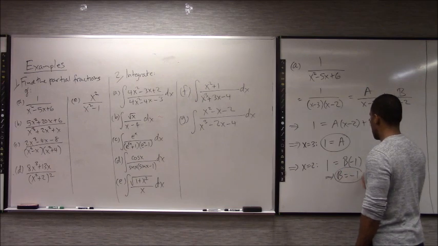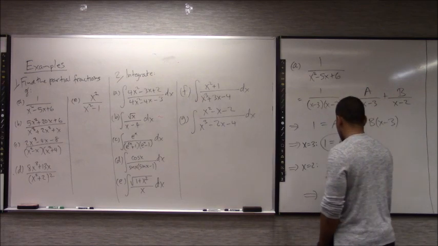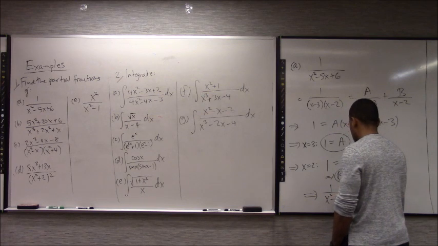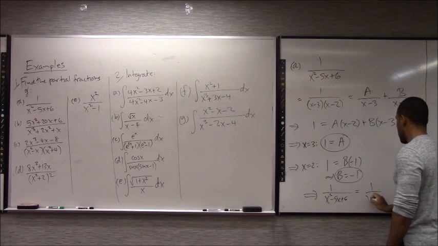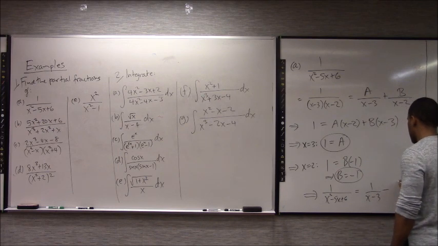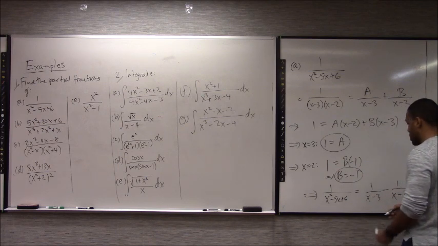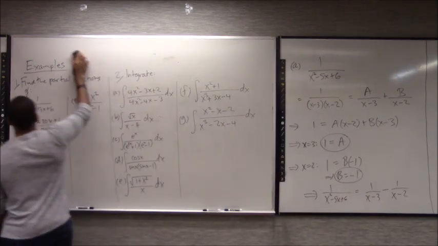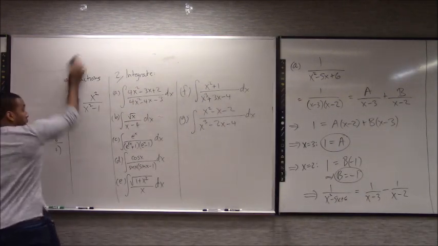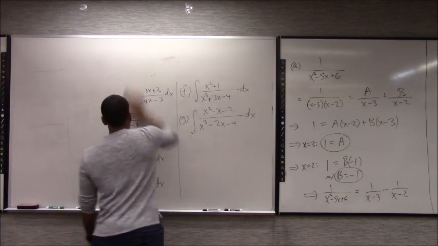From there I just plugged everything back in. So this means that our original fraction, x squared minus 5x plus 6, can be written as 1 over x minus 3 minus 1 over x minus 2. Now that, I think, was the same example that we had last time, just running through it a lot quicker. That's what it would look like computation-wise.